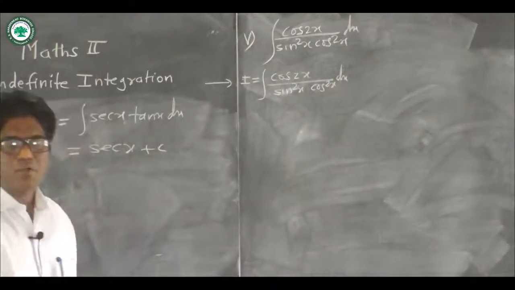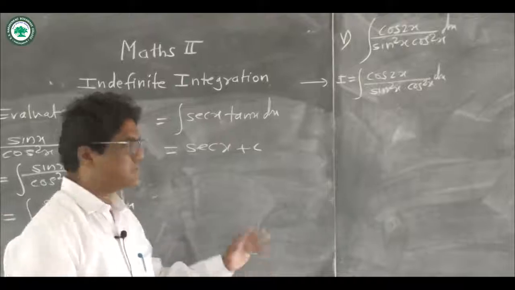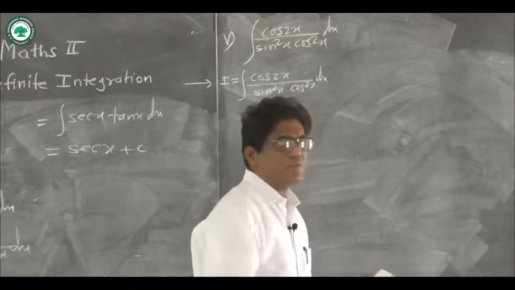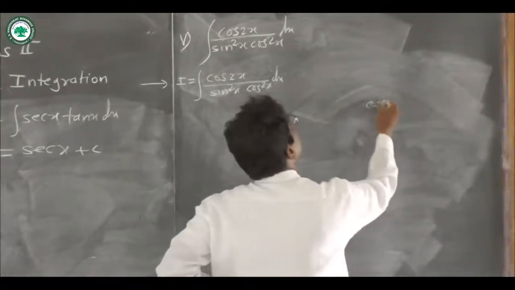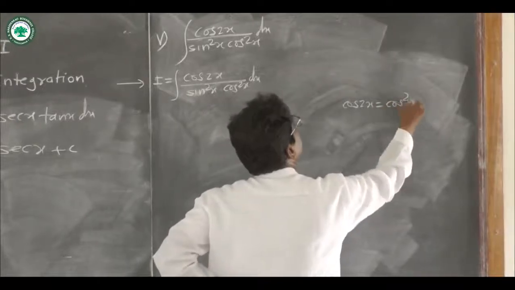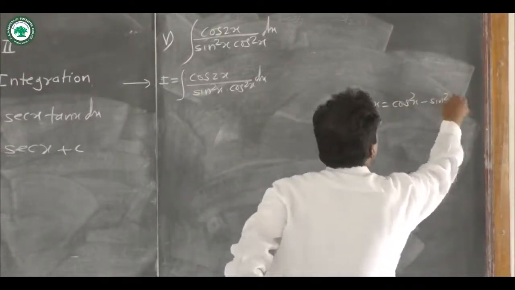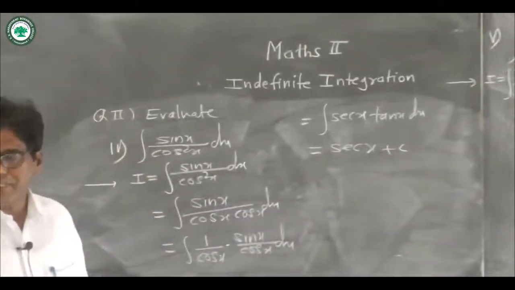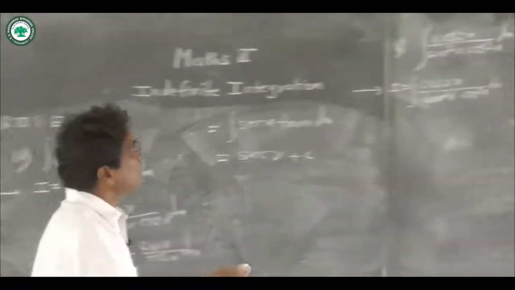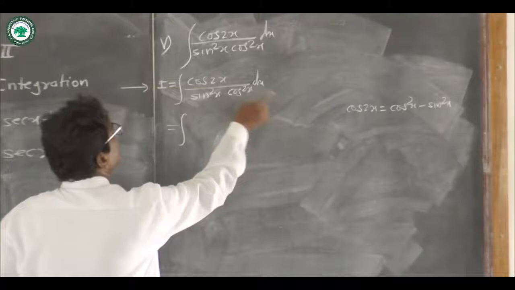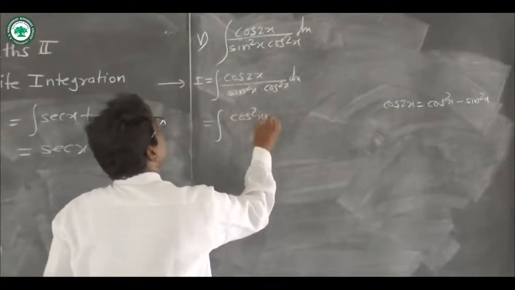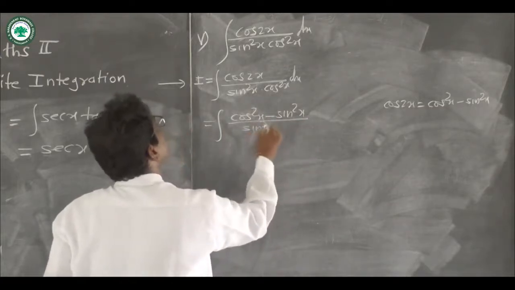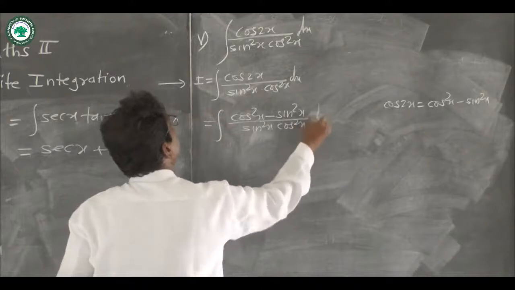And we know the formula of cos 2x. There are 4 formulas. We have seen them in the previous example. The first formula of cos 2x is cos square x minus sin square x. So we write here in the numerator cos 2x as cos square x minus sin square x, divided by sin square x into cos square x dx.